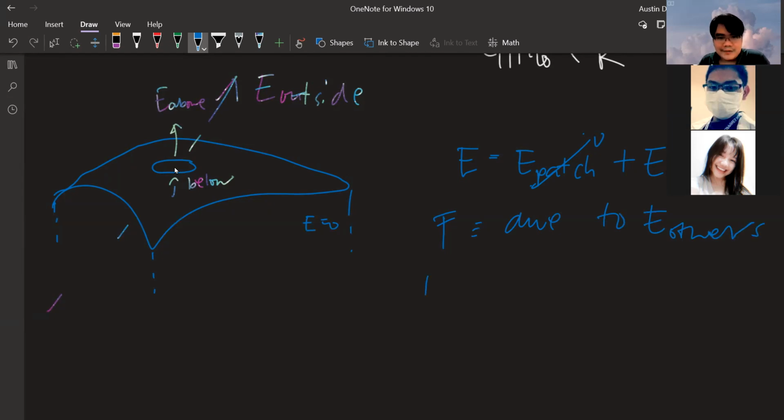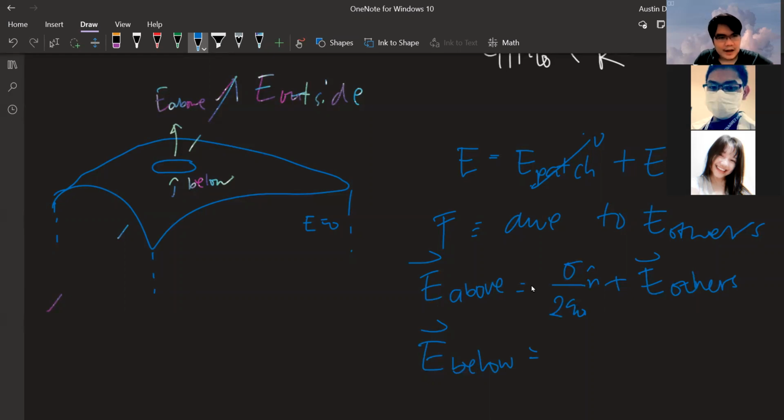Let's see the field above. Yung above the patch, ang makukuha mong field is of course the discontinuity, sigma over 2 epsilon naught, which is this, and then plus yung E others, n hat.